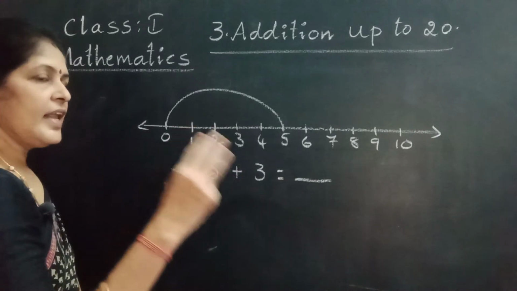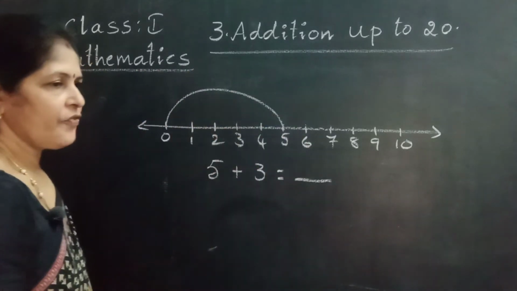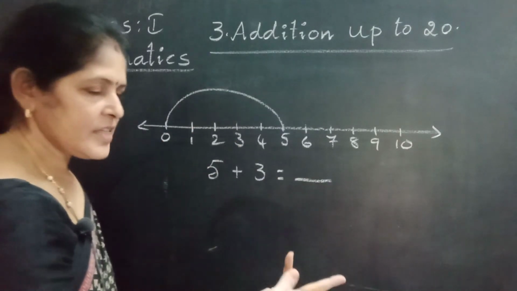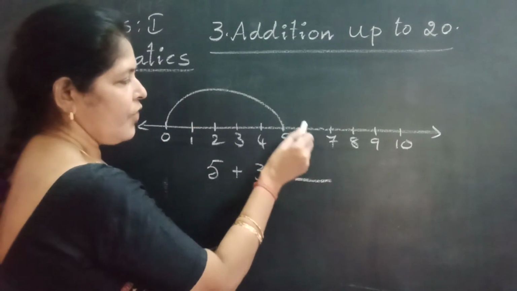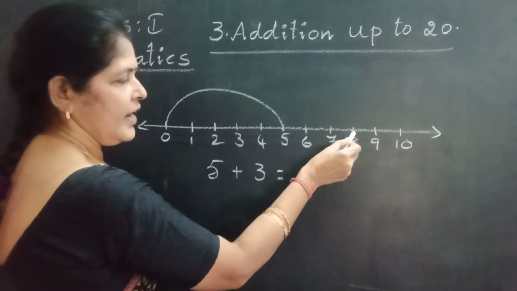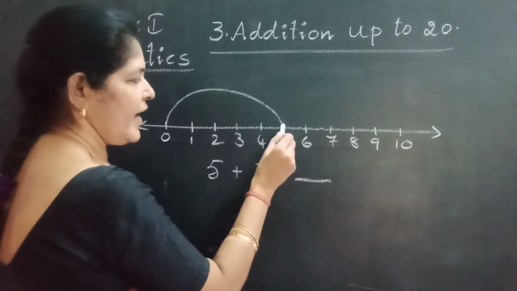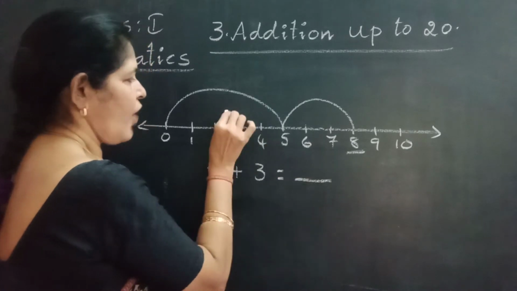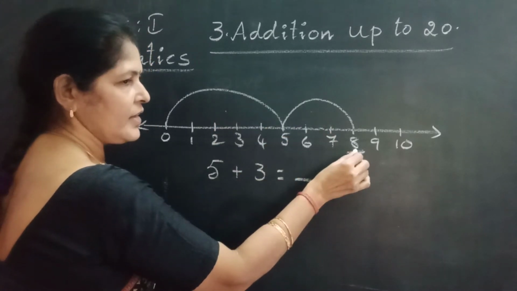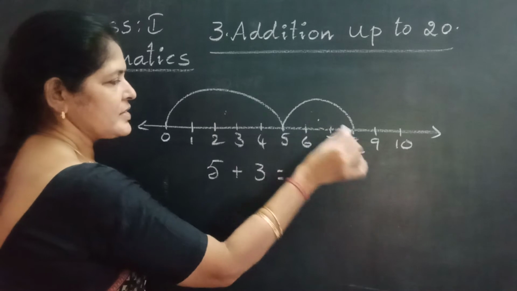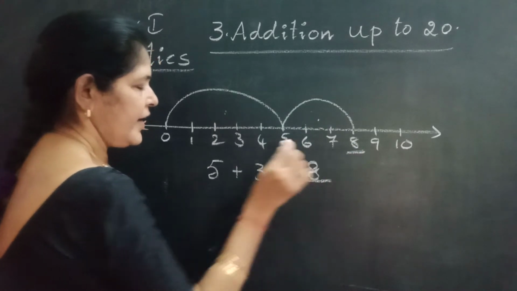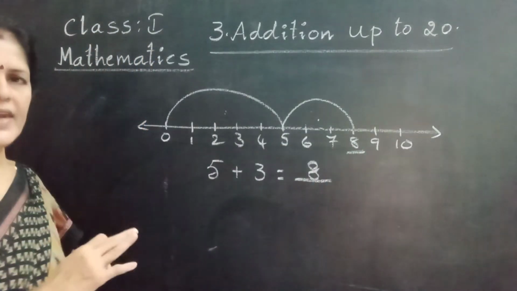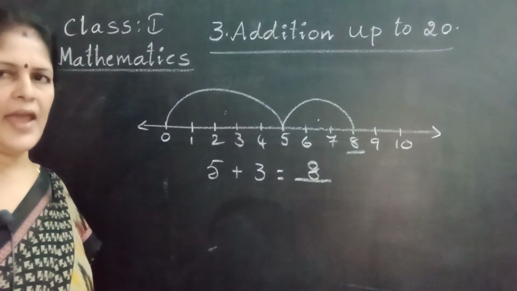Now take 3 more steps after 5: 1, 2, 3. We should stop at 8. That means the total is 8. 5 plus 3 equal to 8. This is addition on the number line.